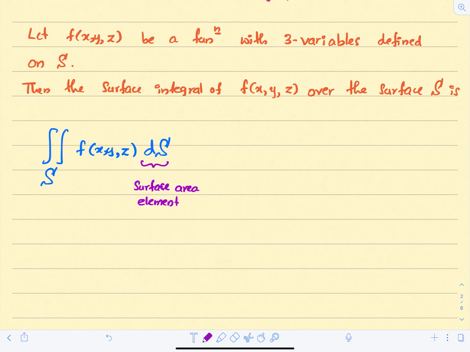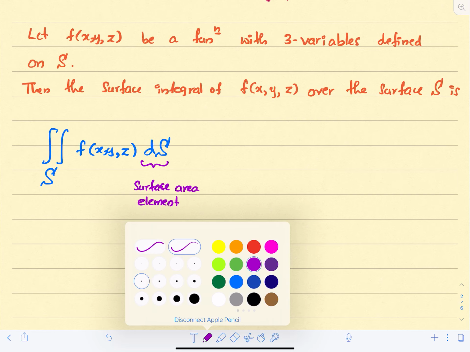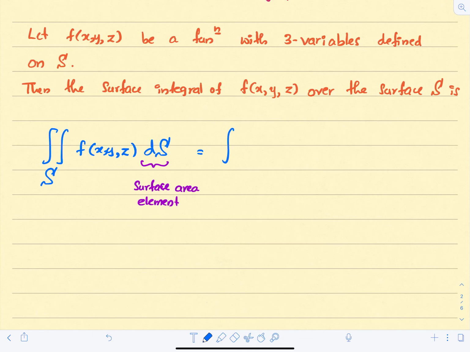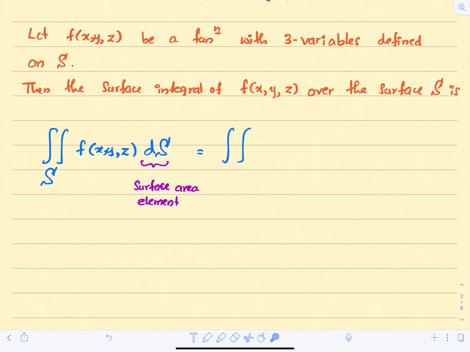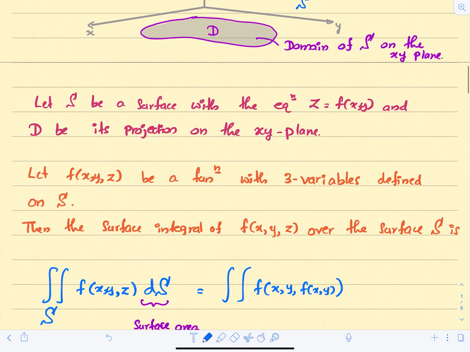Now to evaluate a surface integral of a scalar function, first we evaluate this function f on the surface. On the surface, your z coordinate is given by the equation of the surface. So we have f of x comma y comma, and now instead of z, we write little f of x comma y.